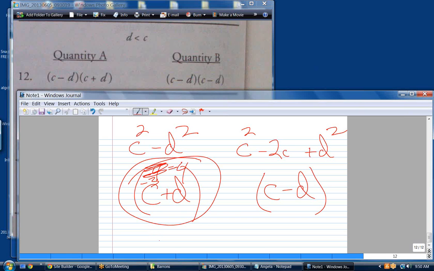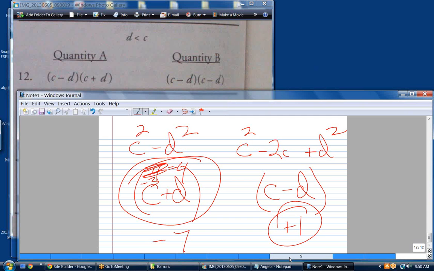So that would add to be minus 7, and yet minus 3 minus a minus 4 would be plus 1. B would be bigger. So it can't be determined. Correct. Let me check their answer. It cannot be determined.